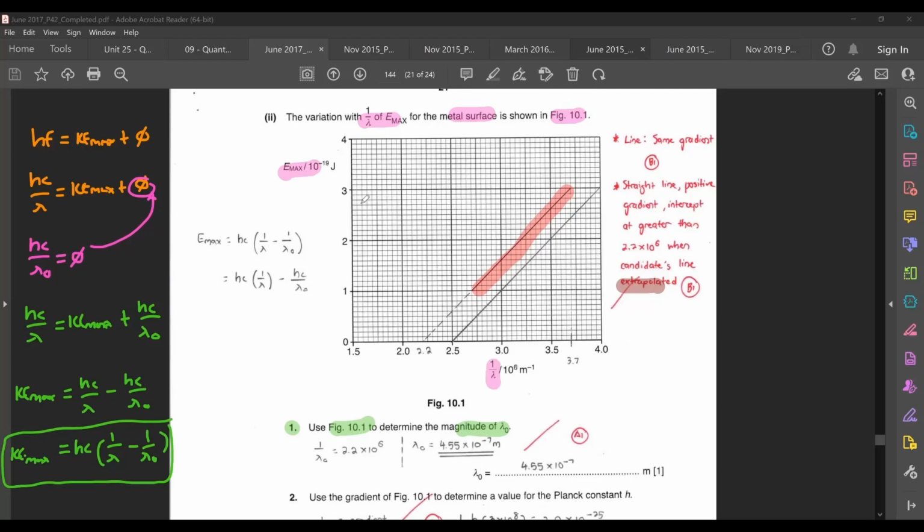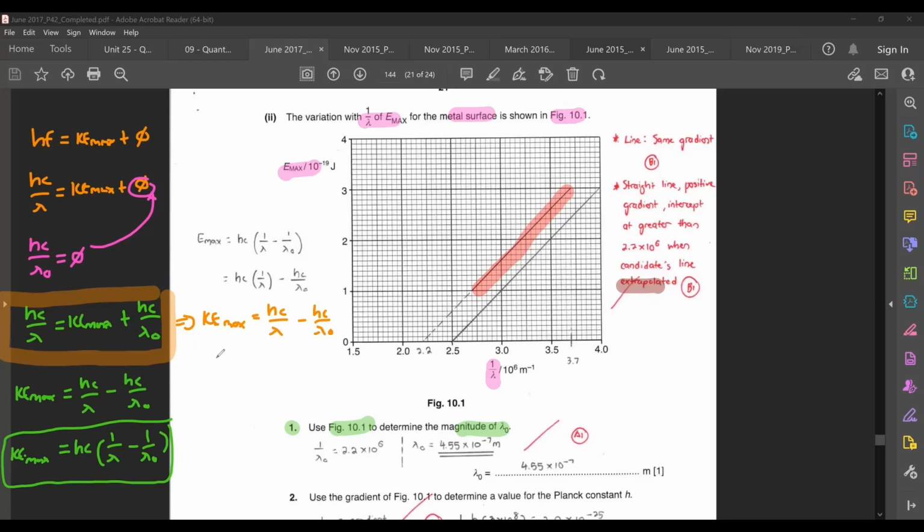Just now earlier I mentioned to you this equation here. If you rearrange it, it will be KE max equals hc over lambda minus hc over lambda naught.